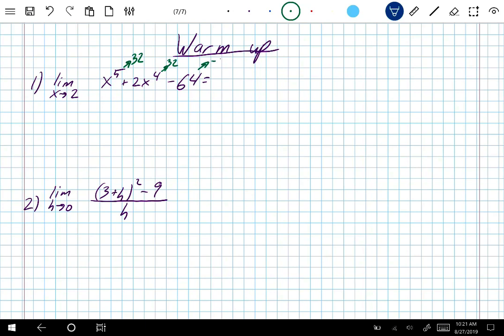So this is just negative 64. So our limit law tells us that when we plug all this in, we get 32 plus 32 minus 64 is just 0. Easy peasy. So thanks limit laws for giving us this giant class of functions that we can take limits of very, very quickly.